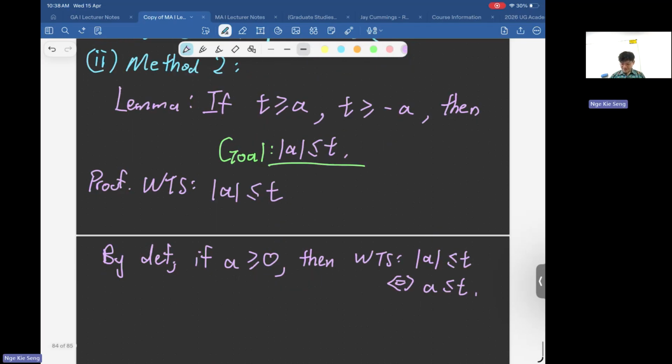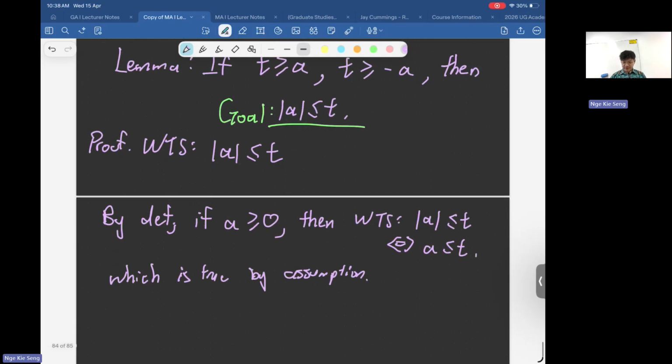Which is true by assumption. Assumption already tells you that this is true. Okay, so for A positive, it works. How about the other case?